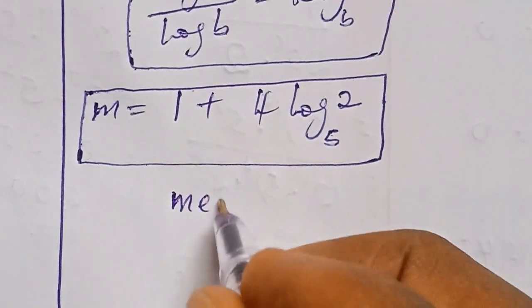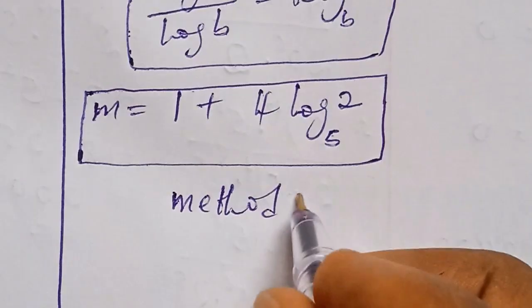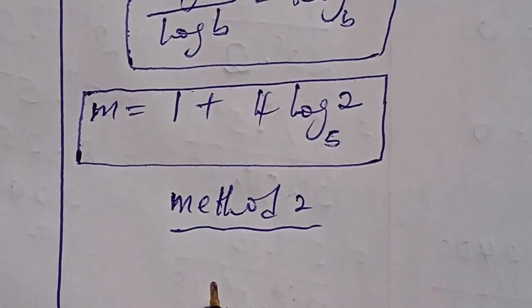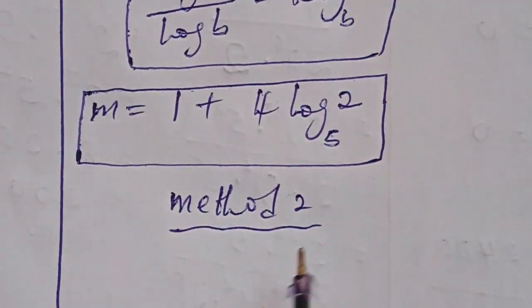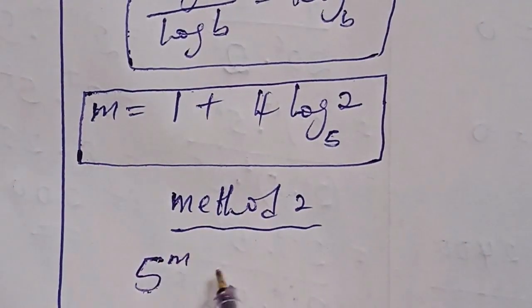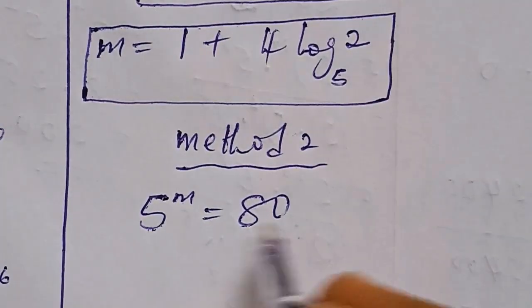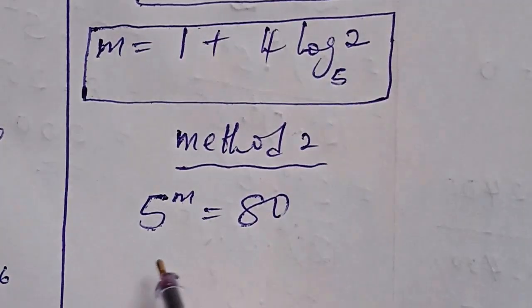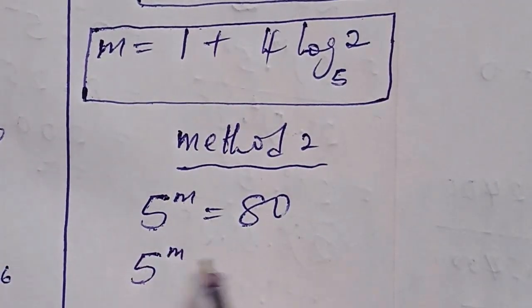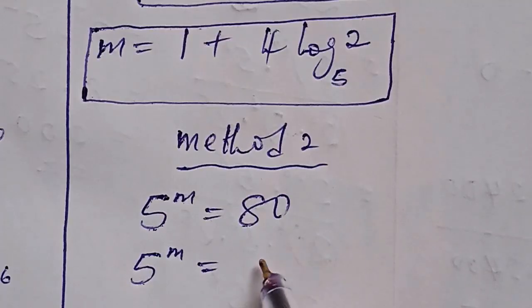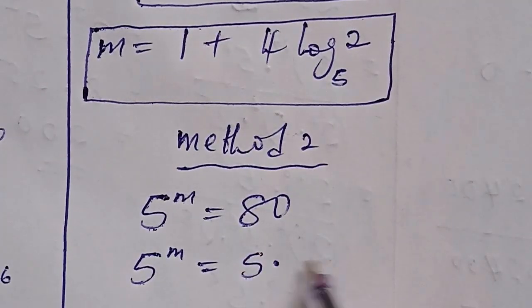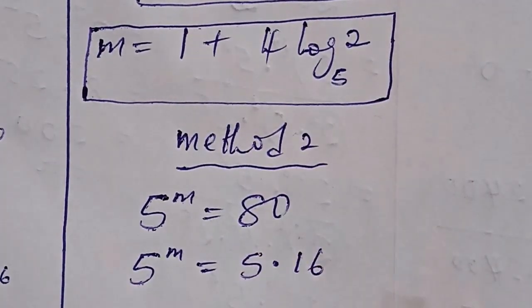Using method 2, which can be faster and simpler than this one, we start with 5 to the power of m equal to 80. So here we first simplify the right hand side as 5 to the power of m equal to 5 multiplied by 16.